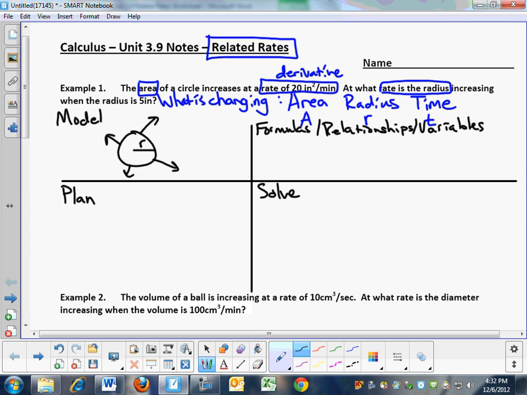Well, you do know that the area is equal to pi r squared. You know that that's the area of a circle. You also know that you're looking for the rate of the radius. You know that a prime is 20. The area is increasing at a rate of 20 inches squared per minute.